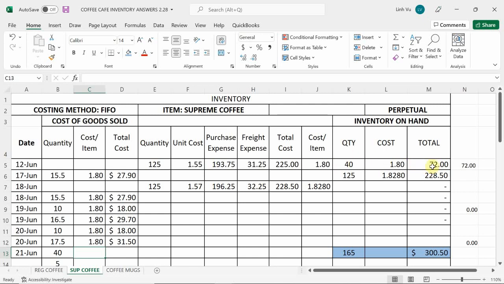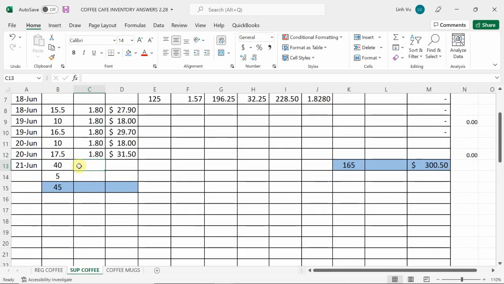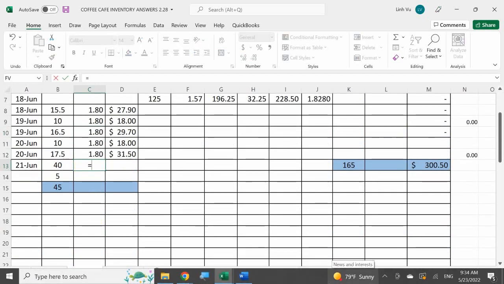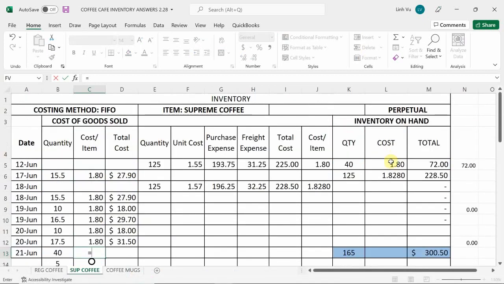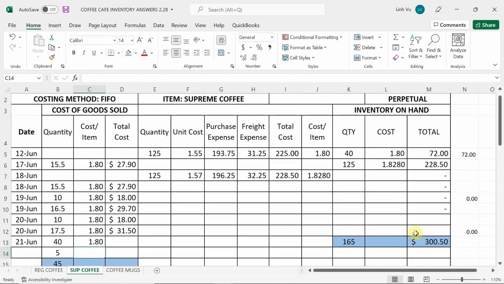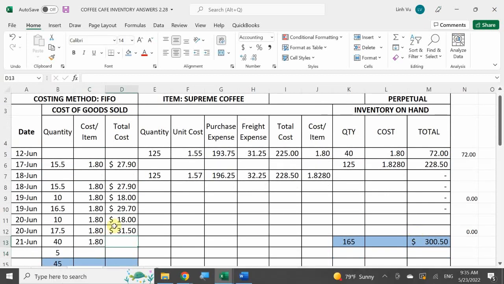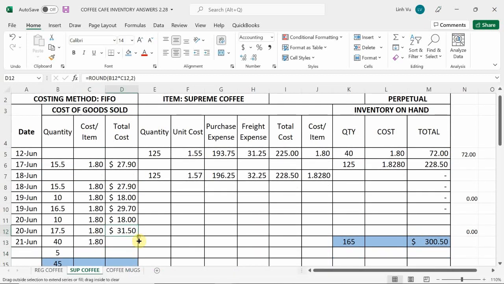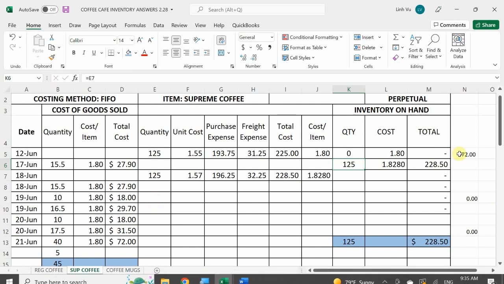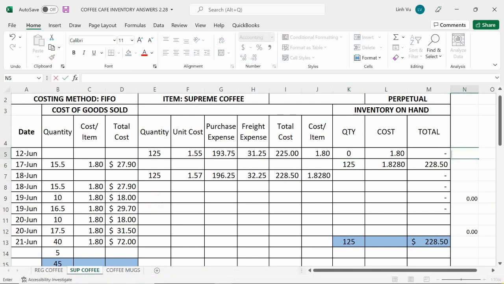That means this entire batch, I know for sure is going to be $72. So that's what I have to put here: 40 times $1.80. It's going to give me 72. I can go ahead and get rid of this because now I no longer have any more items here.